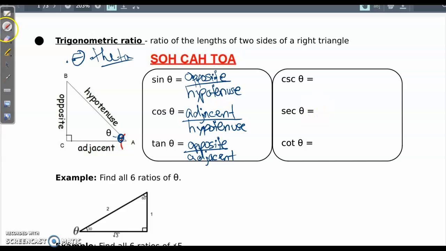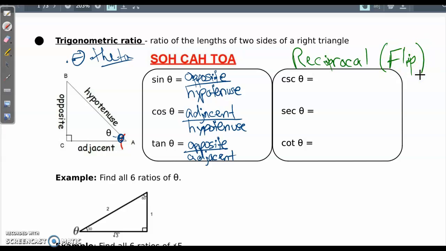The three trig ratios on the right side are reciprocal functions. Remember back to Algebra 2 or Algebra 1, reciprocal means flipped.